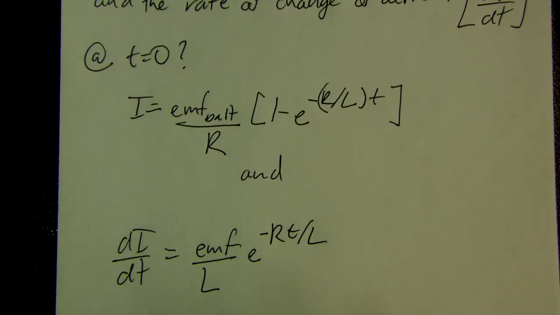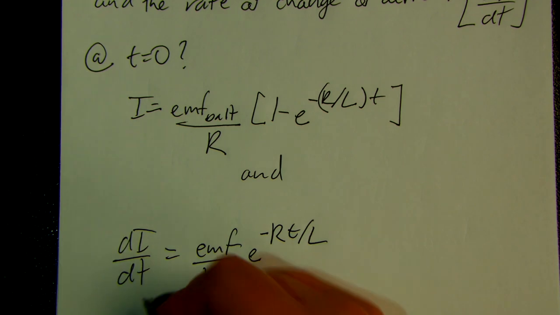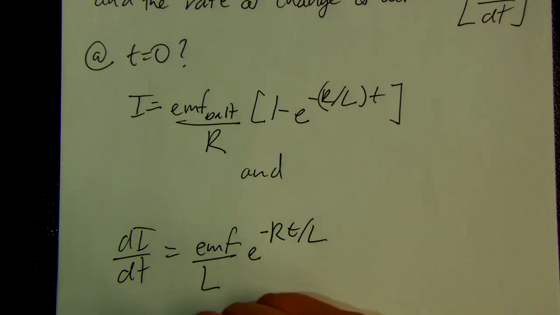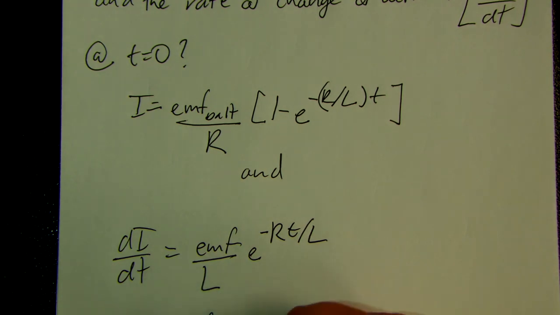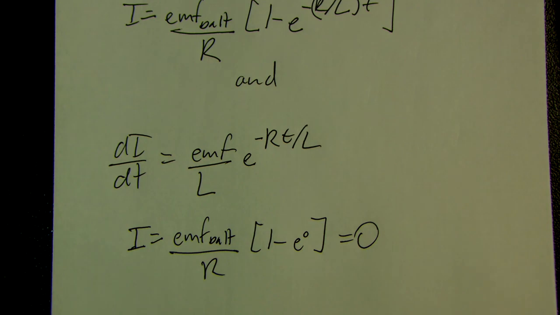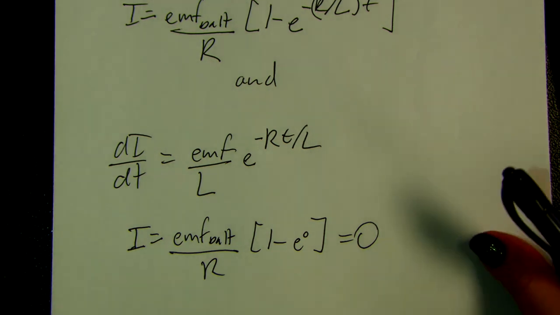Okay, so from this we see I is equal to EMF of the battery divided by R, times 1 minus e to the 0, which is equal to 0. So there's no current when it first connects, which is exactly what we would expect.